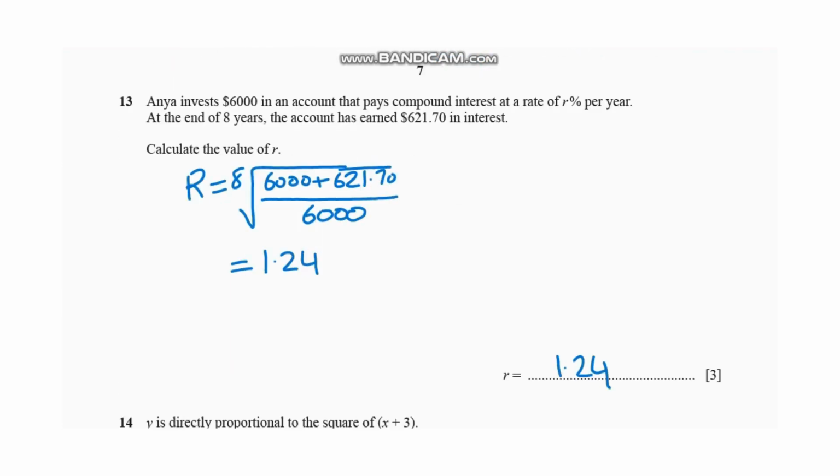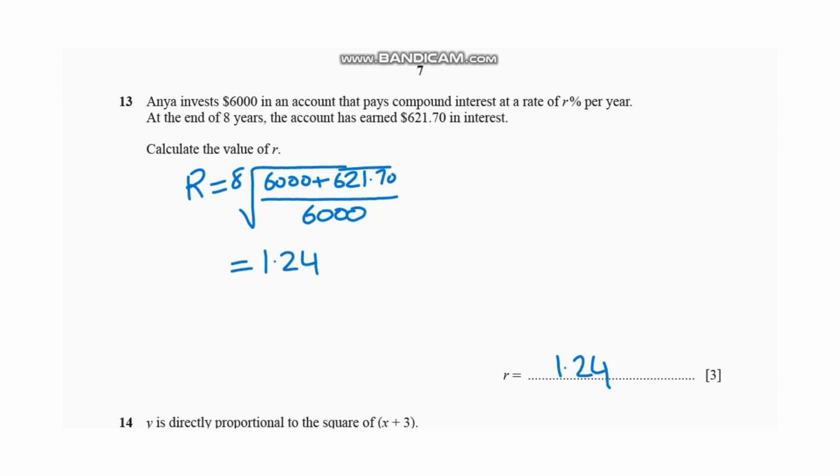Question 13 states Tony invests $6,000 in an account that pays compound interest at a rate of R% per year. At the end of 8 years, the amount has earned 621.71 in interest.